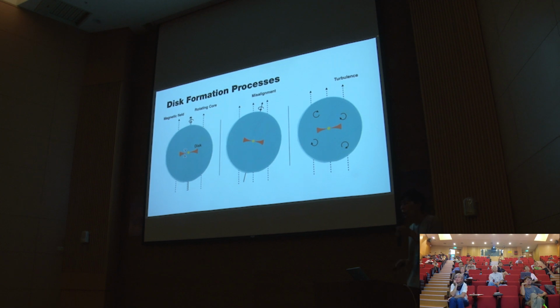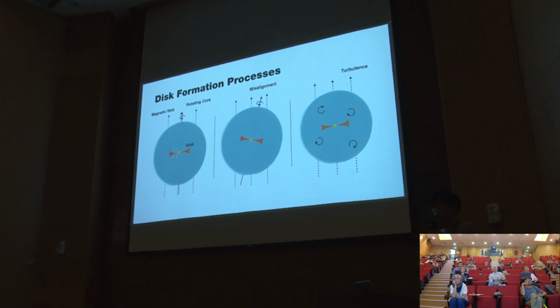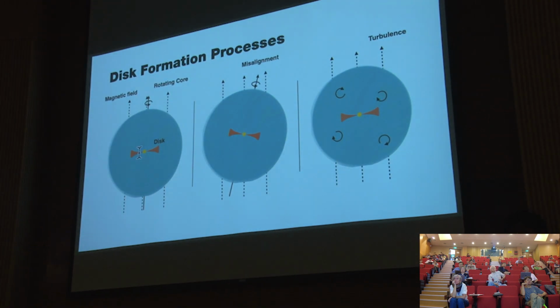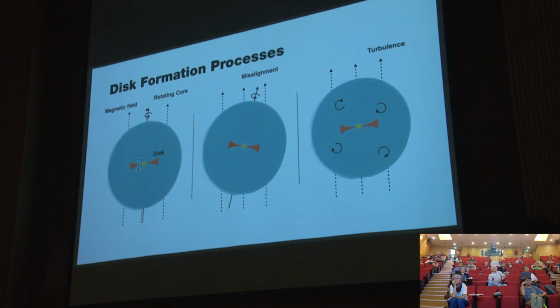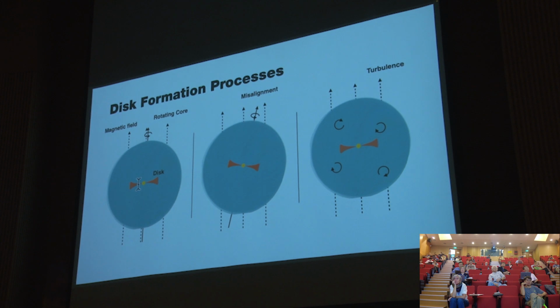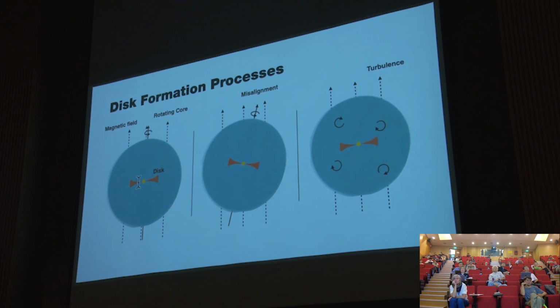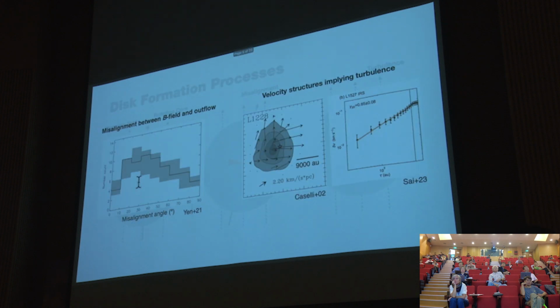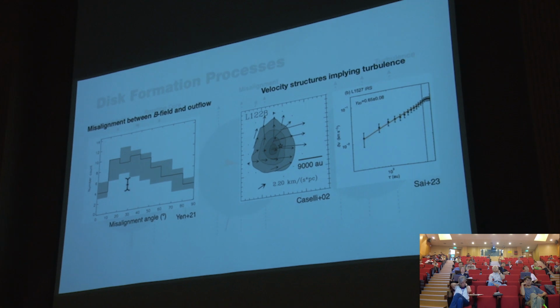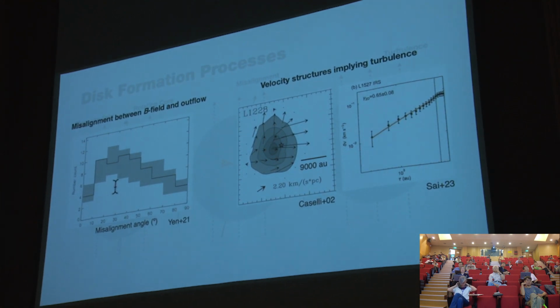The rotational axis of the dense core doesn't have to be aligned with the magnetic field, and the dense core may not be rotating; the gas motion inside the dense core could be just turbulent. Observations suggest this situation could be much more common than the classical picture.